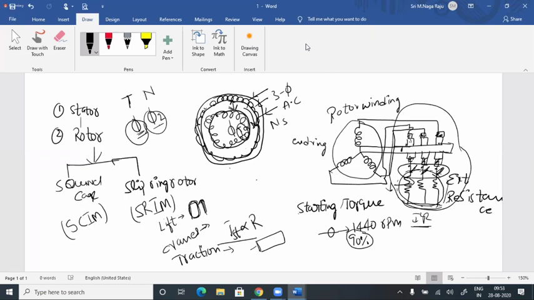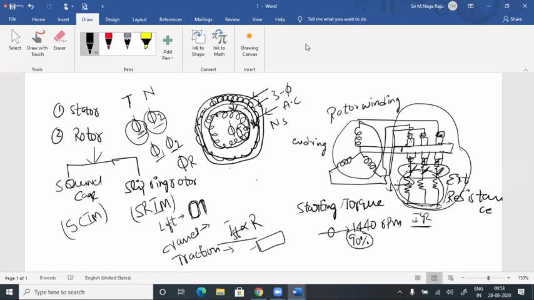Now, if you observe, the resultant of the two fluxes, phi 1 and phi 2, the stator flux and rotor flux, the resultant flux is known as phi r, which will rotate in the air gap. That is the useful flux. The flux which links with the other parts of the machine, that is slots, stator core, rotor core, is called leakage flux.